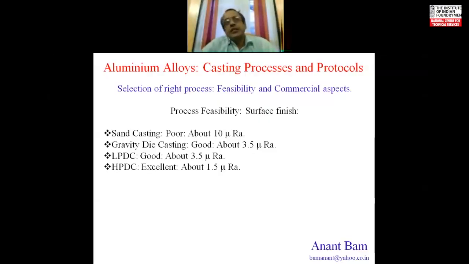The grain size of this solid matter, which is usually talc or zirconia or alumina or any such refractory material, that grain size and concentration at that location, it delivers the surface finish to the casting. If you have uniform spraying of die coat, then you get uniform surface finish all over, which can be as good as 3.5 micron Ra.